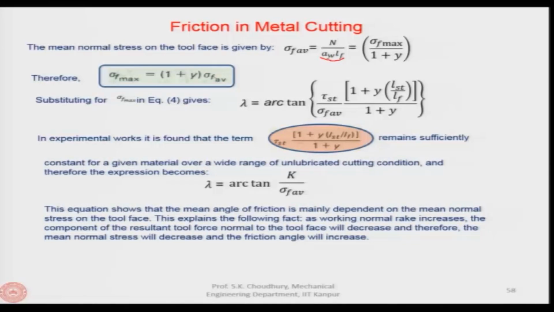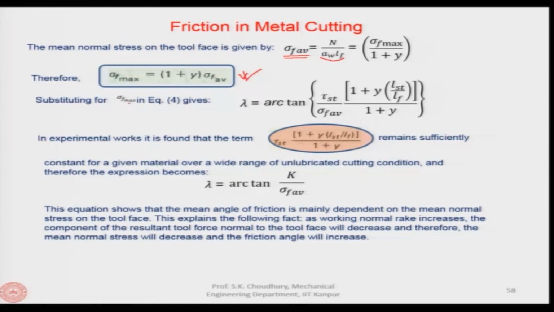So, that area we can find out by AW into LF. So, if you divide N by AW and the LF, you will be getting the sigma f max divided by 1 plus y. Now, sigma f max, therefore, we can find out by multiplying sigma f average into 1 plus y. Okay. This is the expression, therefore, we are getting for the sigma f maximum finally.